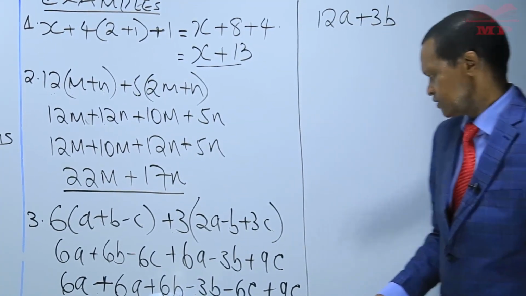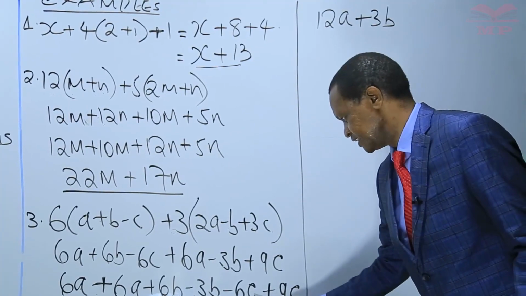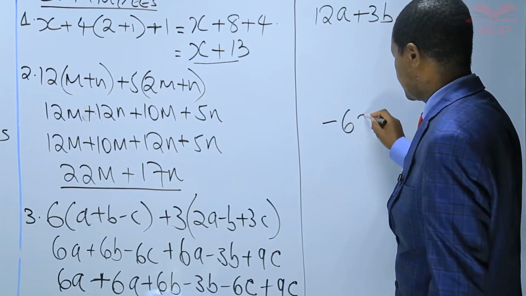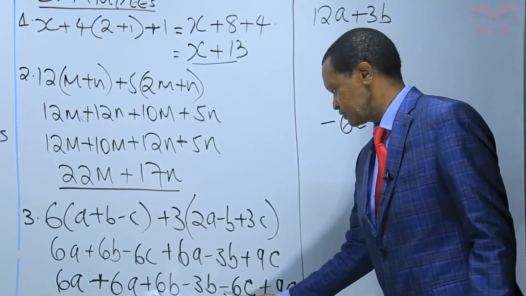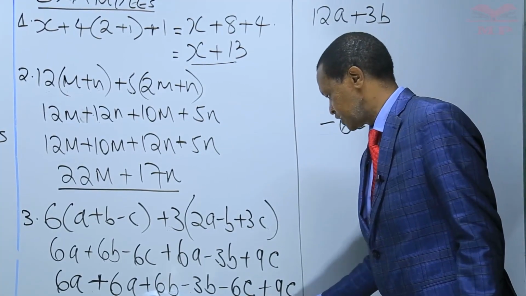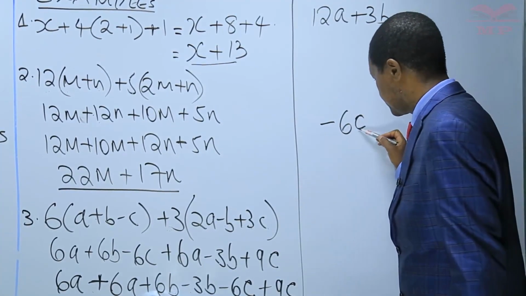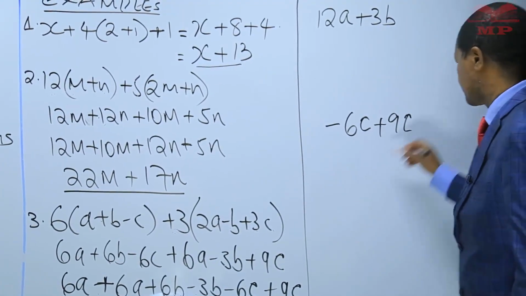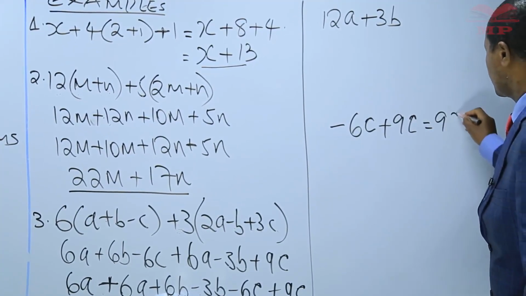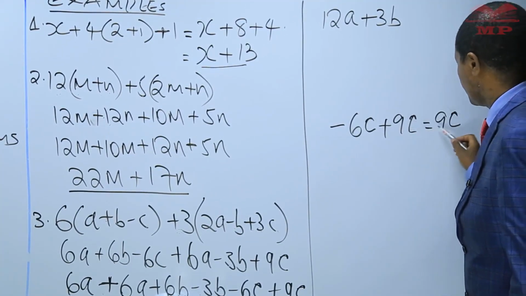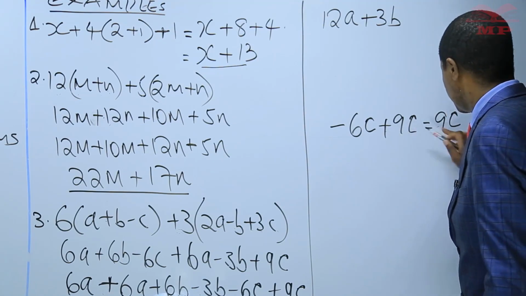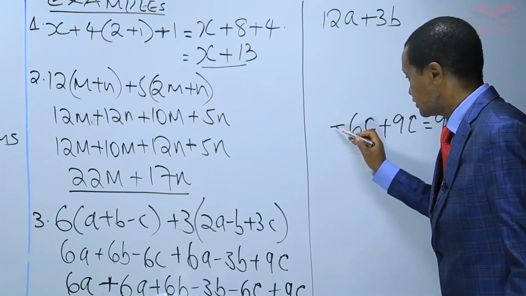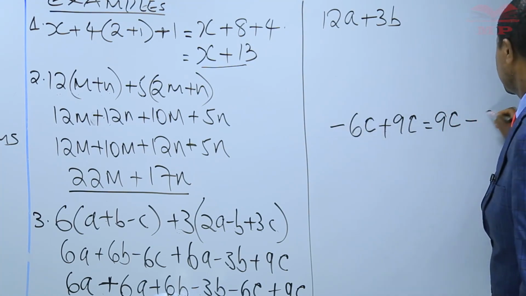Then we have negative 6c plus 9c. This term has a negative sign. This term has a positive sign. So negative 6c plus 9c is the same as writing 9c positive. This is positive 9c minus 6c. This term has a negative sign, minus 6c.